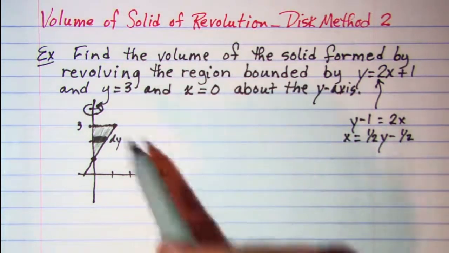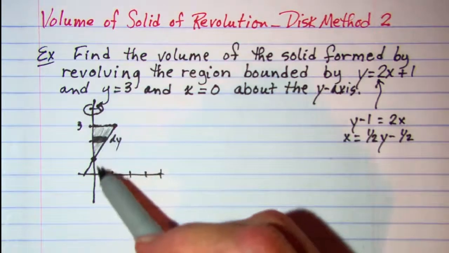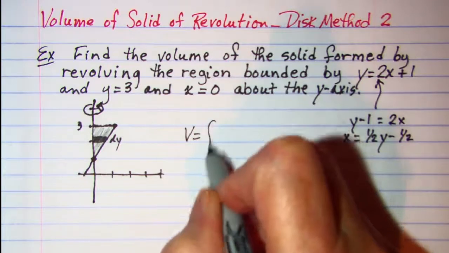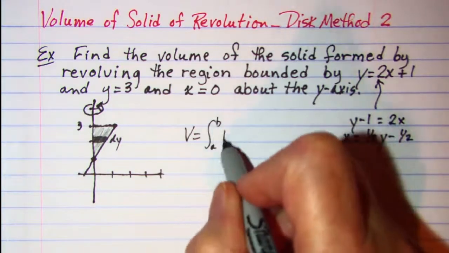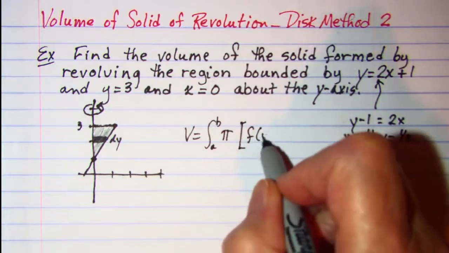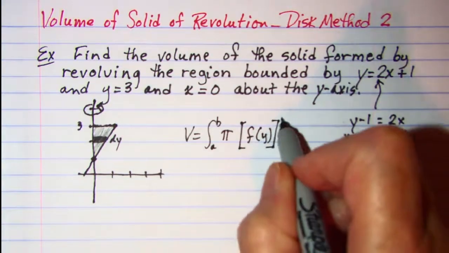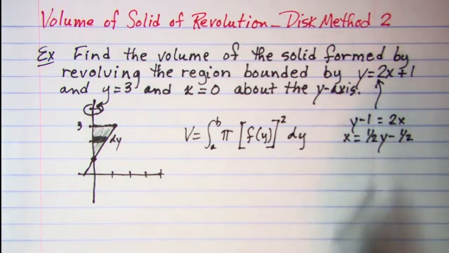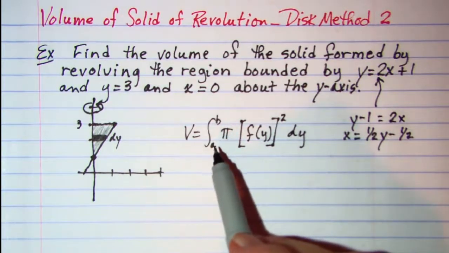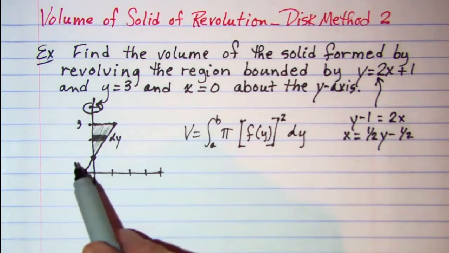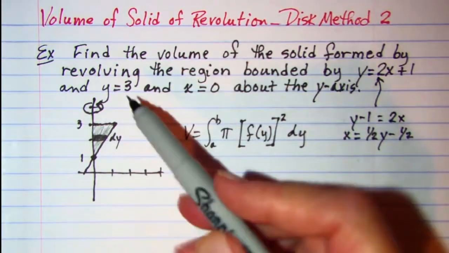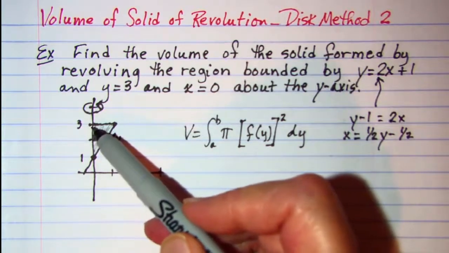Now my formula for finding the volume when my axis is vertical is volume equals the integral from a to b of pi f of y squared dy. So in our case, my lower limit of integration is 1, and my upper limit of integration is 3.